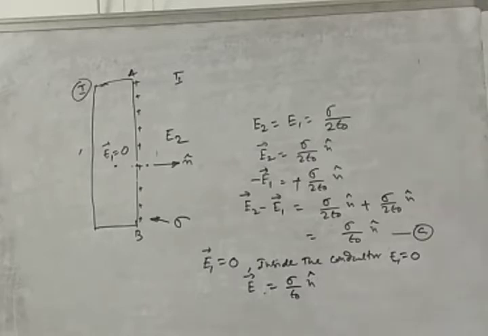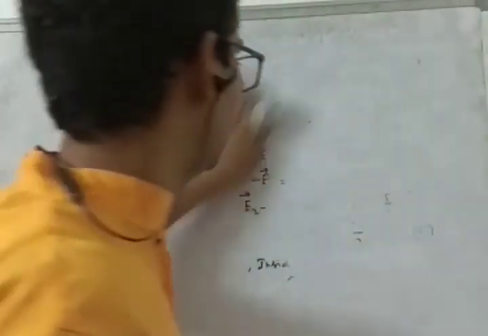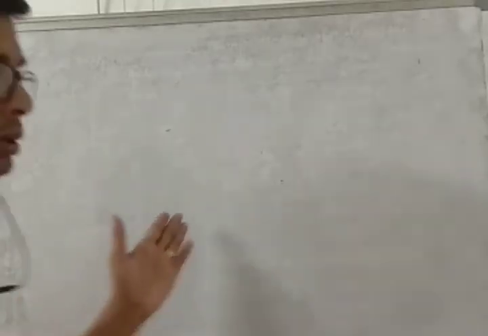Now the second part is that we have to prove that the tangential component of the electric field, from one side to the other side of any charge surface, means charge sheet, is continuous. In the first part, we have proved that the normal component is discontinuous.